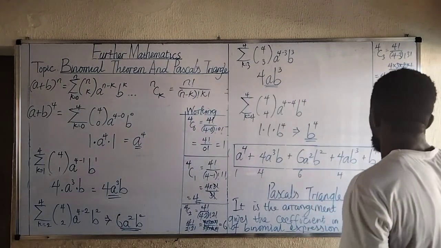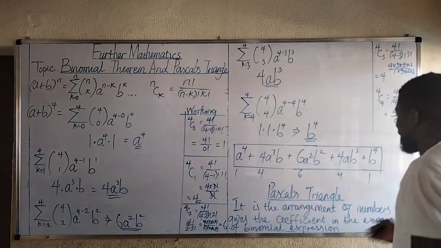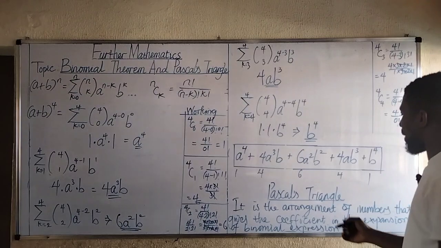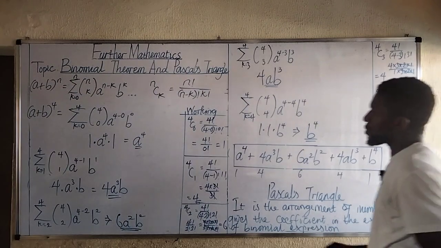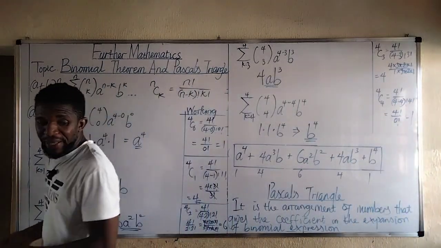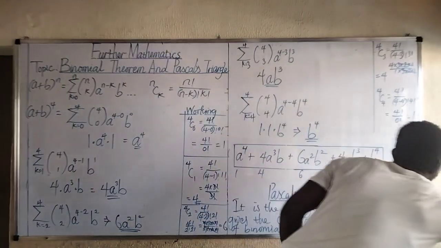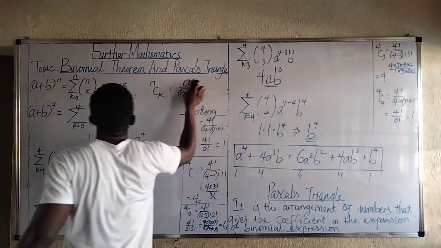So Pascal's triangle is the arrangement of numbers that gives the coefficients in the expansion of binomial expressions. So let us generate the Pascal's triangle over here. Alright, we'll start.